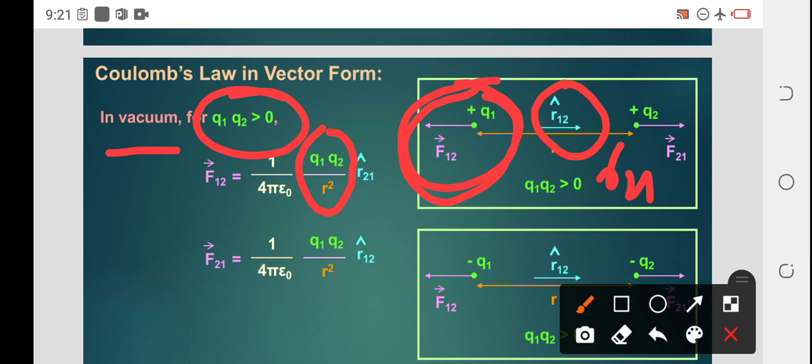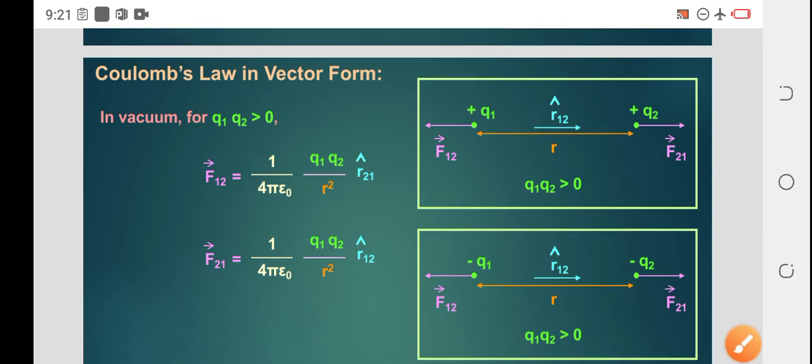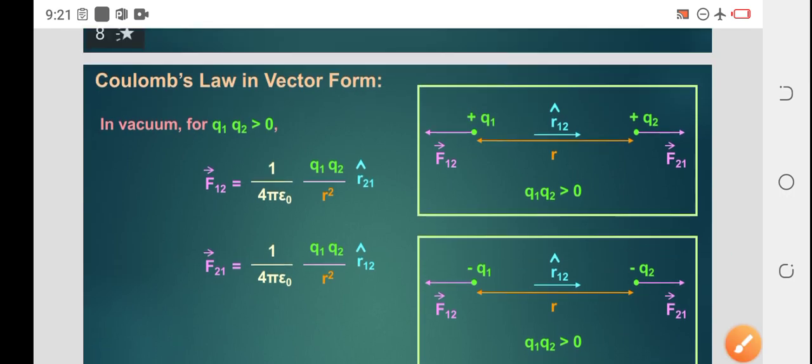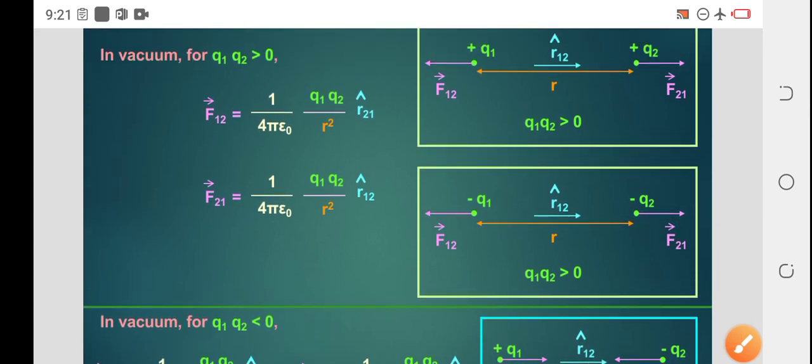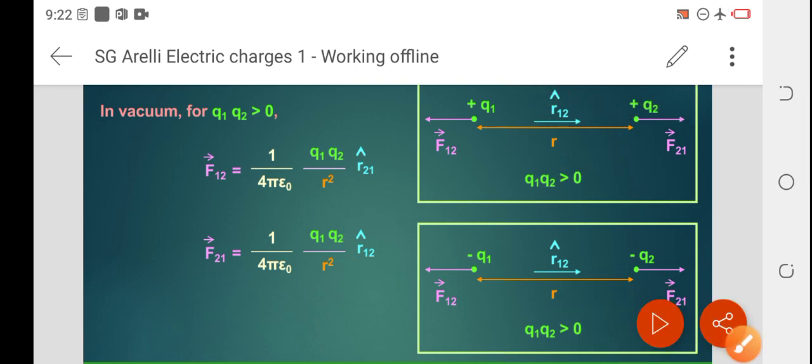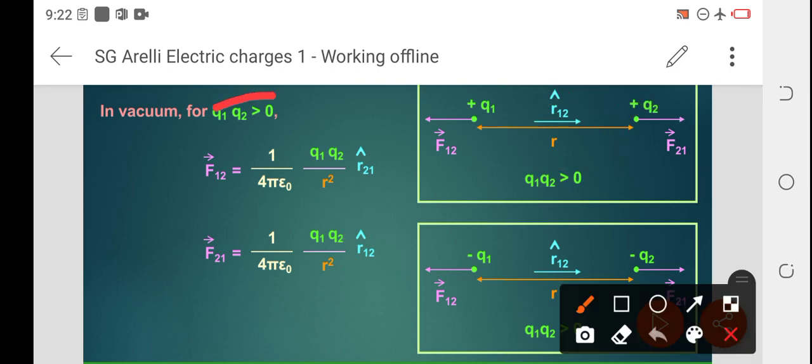Similarly, F21 is considered as 1 by 4 pi epsilon naught Q1 Q2 by R square with respect to the R12 distance. This is the condition Q1 Q2 greater than 0.